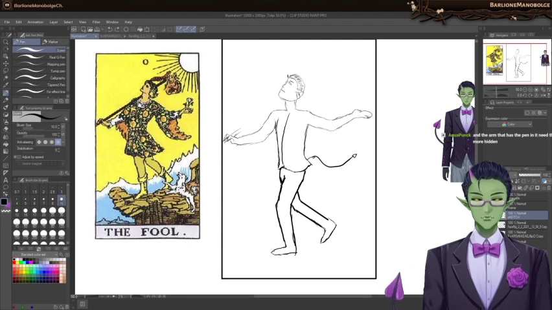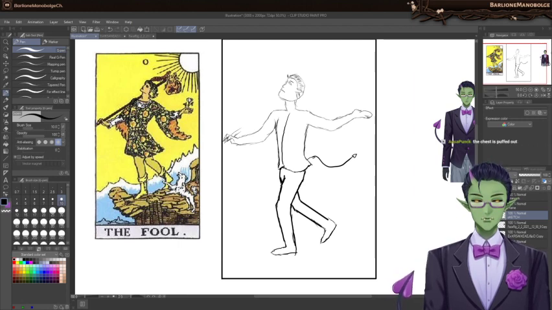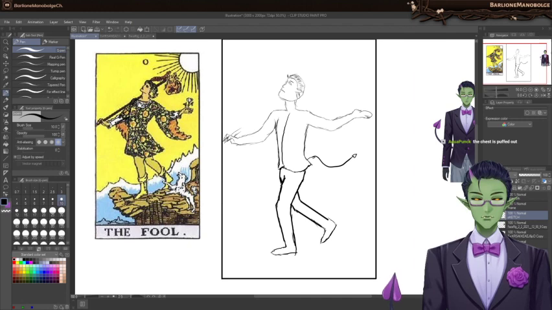The arm that has the pen needs to be hidden and shorter? Yes. That was about what I was thinking, because the body is here, I suppose, and then the shoulder goes like that. The rest of that arm is hidden behind the torso.